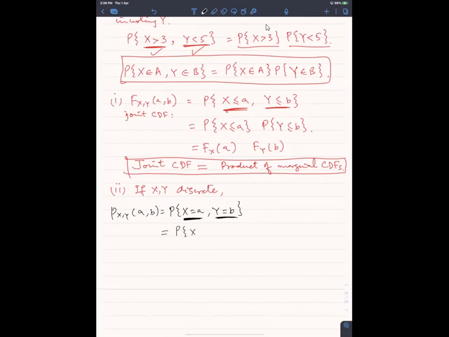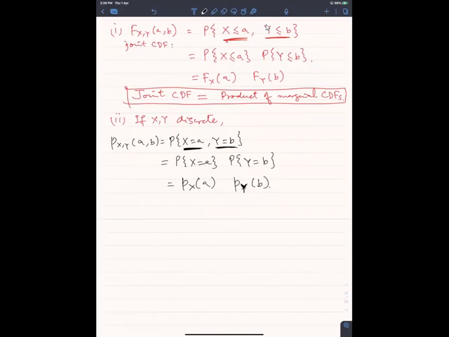So that means this would be equal to probability X is equal to a times probability Y is equal to b, which is p_X(a) p_Y(b). Okay, so in this case, the joint PMF is equal to the product of marginal PMFs. Very nice. The CDF statement was for both continuous and discrete; this one we have said only for the discrete case.